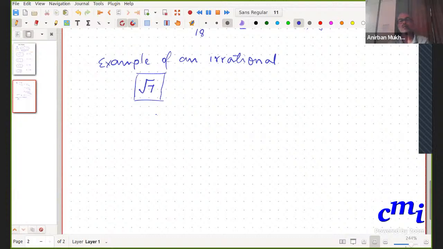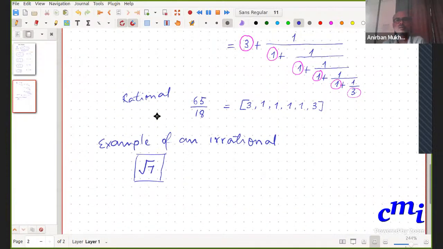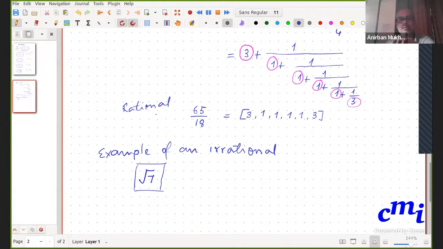So now I know what I want to do. I want to write this number in this kind of form. So exactly like these steps, like 1 by an integer plus 1 by an integer plus this kind of thing.